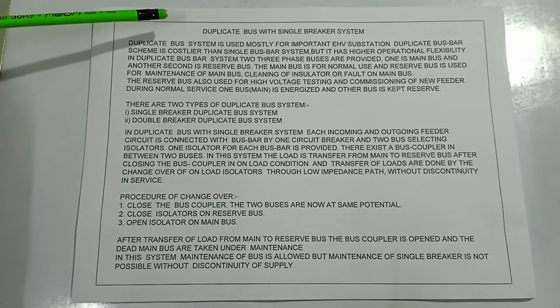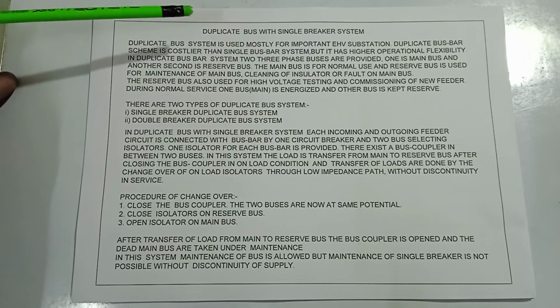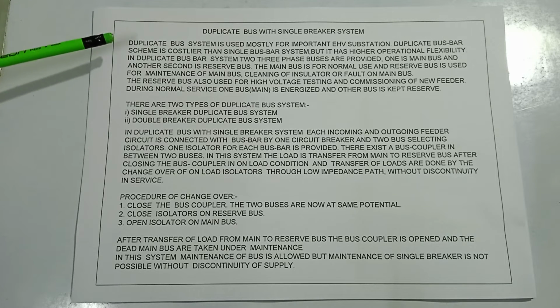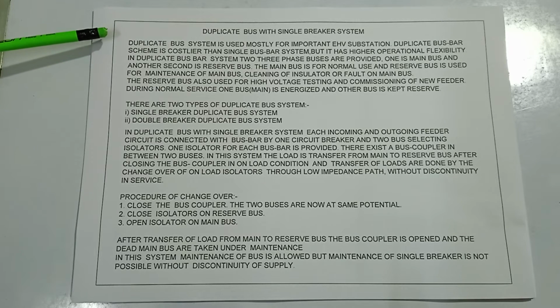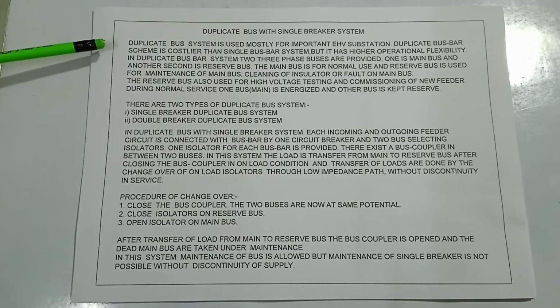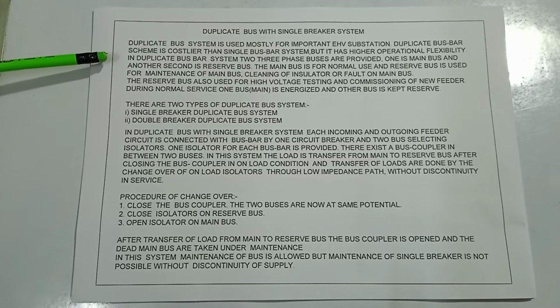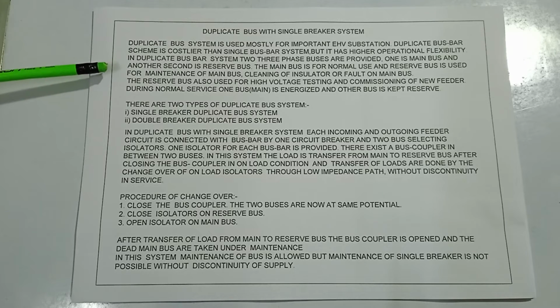Okay, next. Here it is duplicate bus with single breaker system. Duplicate bus system is used mostly for important extra high voltage EHV substations. Duplicate busbar scheme is costlier than single busbar system, but it has higher operational flexibility. In duplicate busbar system, two three-phase buses are provided. One is the main bus, the second is the reserve bus.